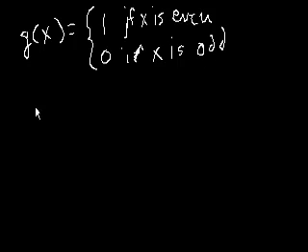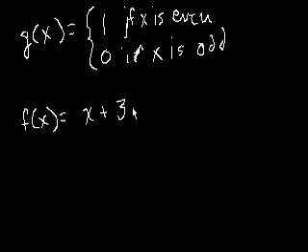Right? And let's say f of x is equal to x plus 3 times g of x. I'm not going to make it any more complicated now. So let's try some problems.